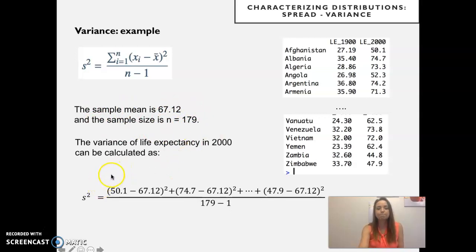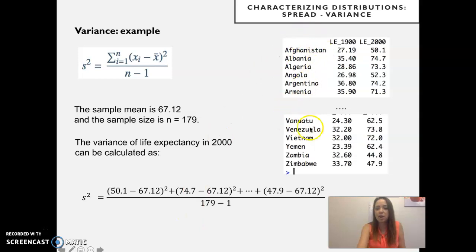So let's look. This is the first observation, that's x1. We subtract x1 from the mean to see how deviated that observation is, and we square it. We take the second observation, subtract it from the mean to see the magnitude of the deviation of the second observation from the mean, and we square it.